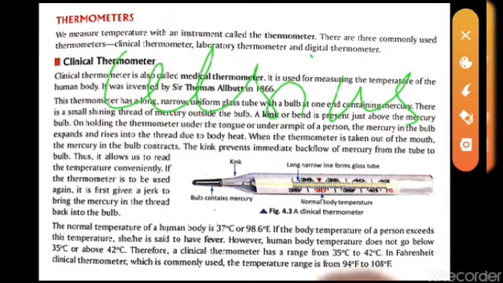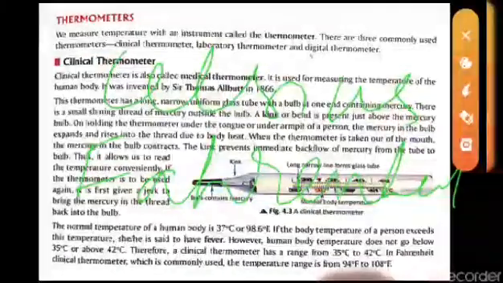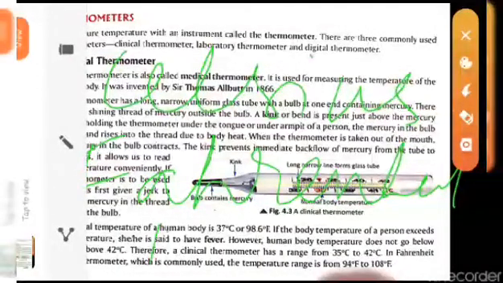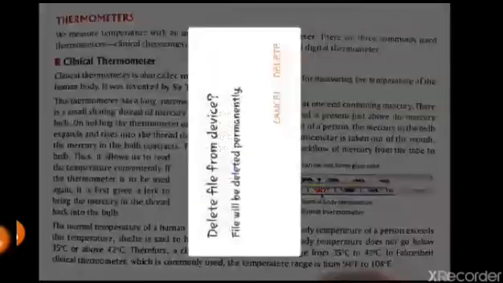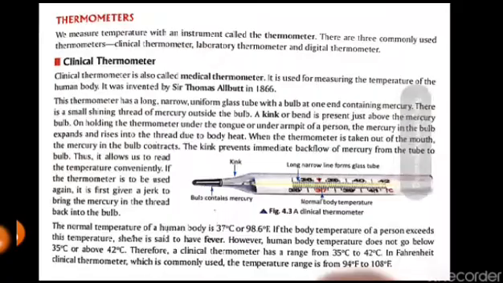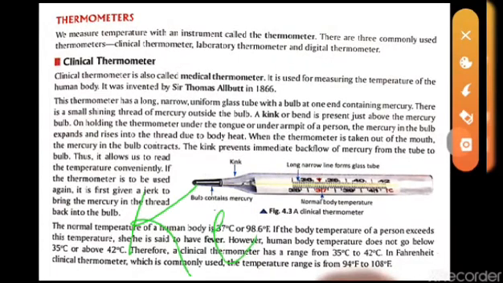We had read the Celsius scale, the Fahrenheit scale, and the Kelvin scale, and we had also shown the relationship between the Celsius and the Fahrenheit.